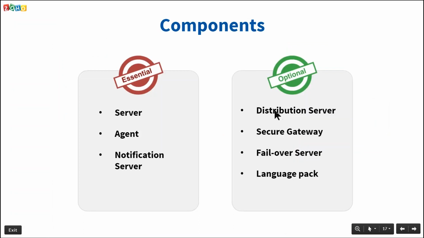So now, these are the components. So far, we have understood the server, agent, distribution server components and the use case. The notification server is another important component which plays an important role in any on-demand task, such as remote control, on-demand scan, and when we perform a deployment of patches or software immediately.